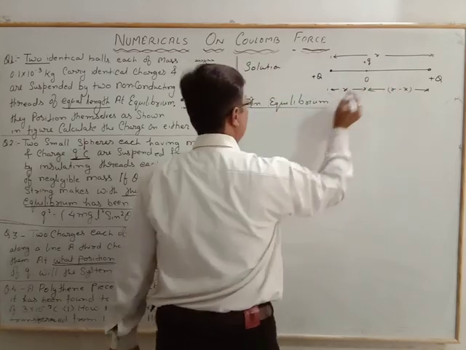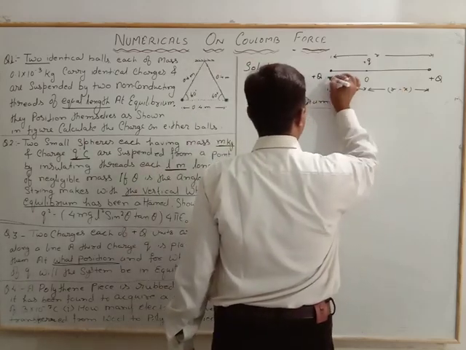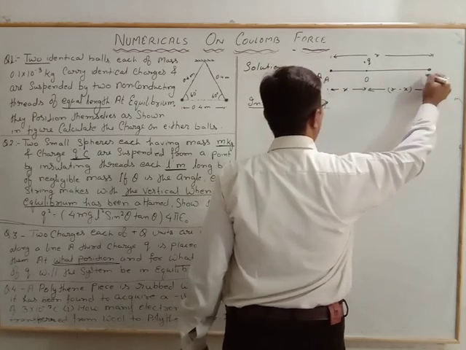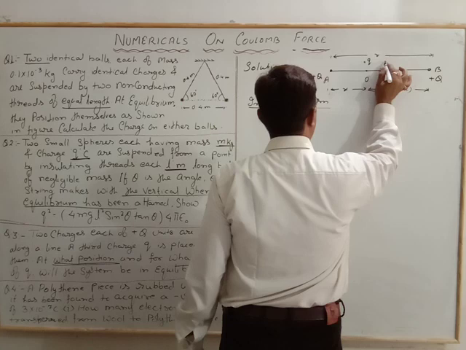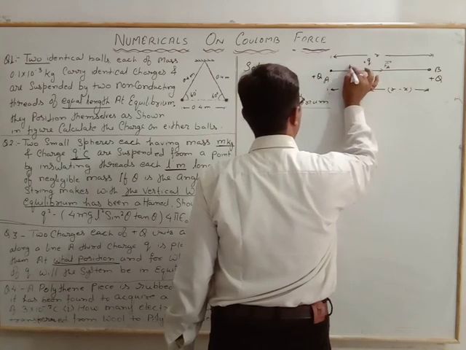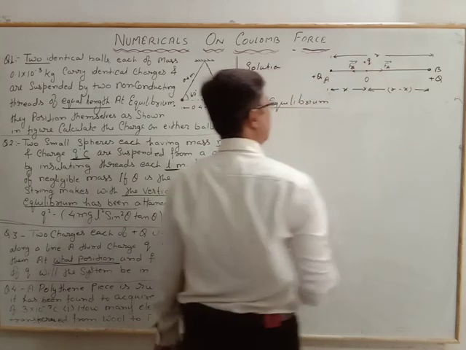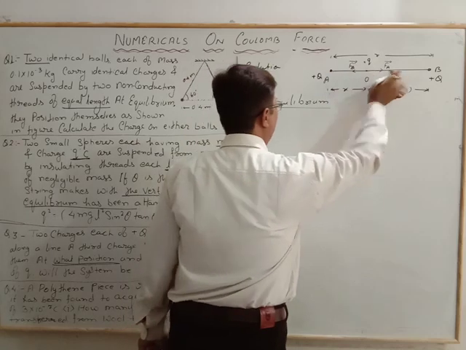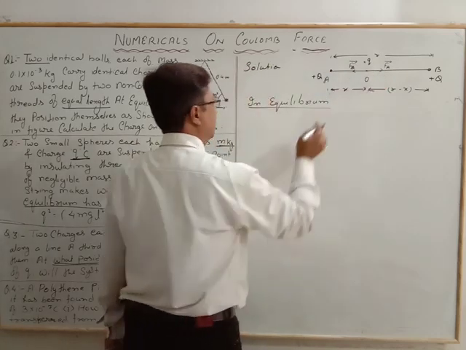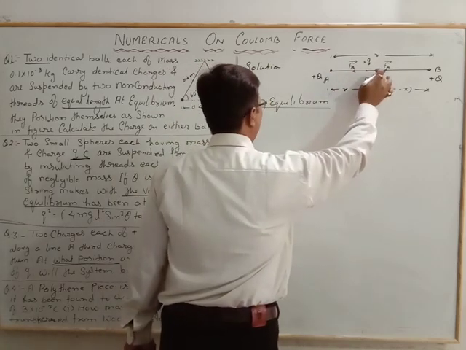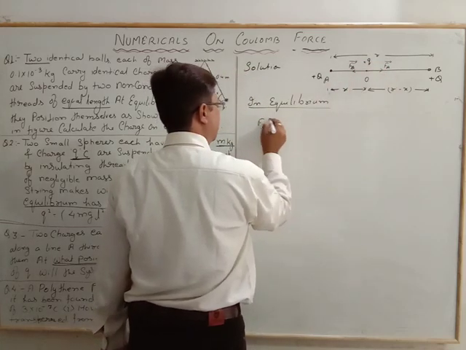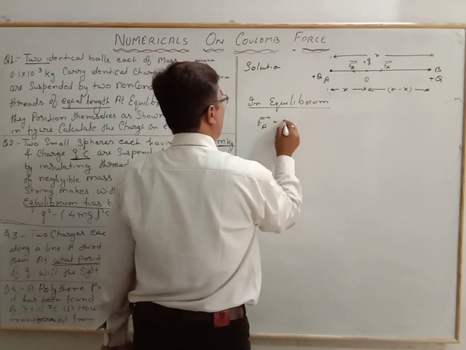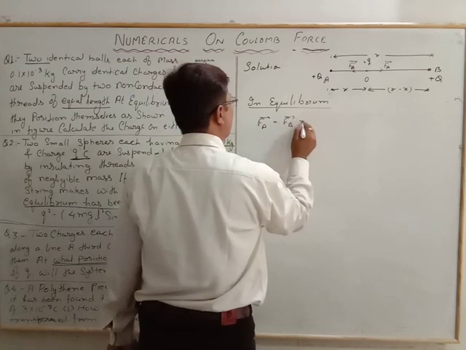In that case, the force acting by the charge at point A on the charge q is the force Fa here, and the force by the charge at point B is Fb here. Either force is along the line but in the opposite direction. So at equilibrium the net force is 0. So Fa vector plus Fb vector is equal to 0.